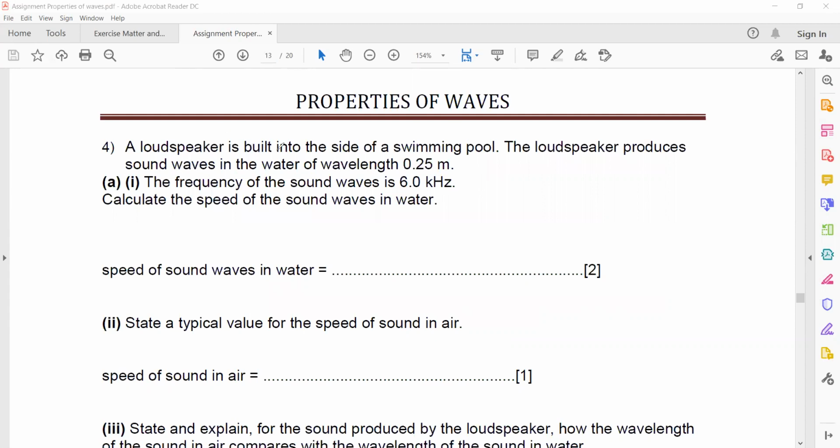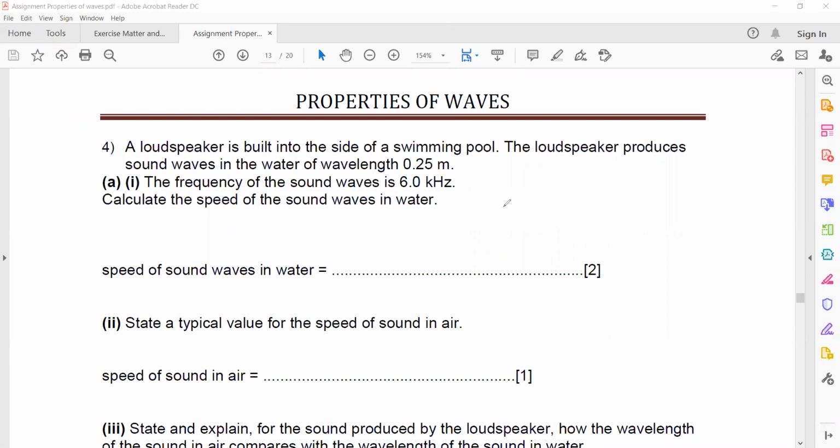A loudspeaker is built into a side of a swimming pool. The loudspeaker produces a sound wave in the water of wavelength 0.25 and frequency 6 kilohertz. What is the speed of the wave?